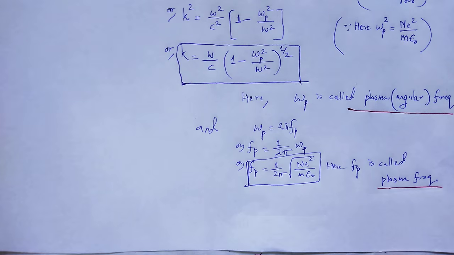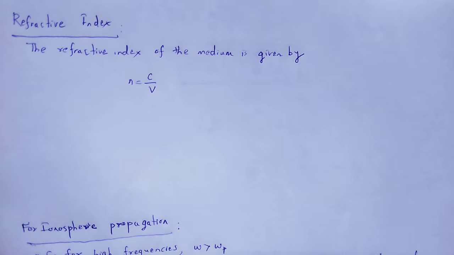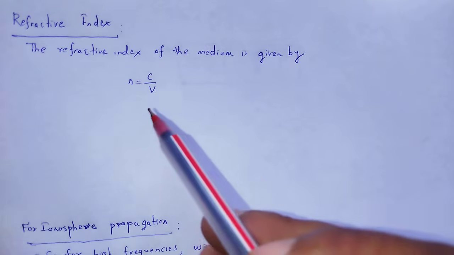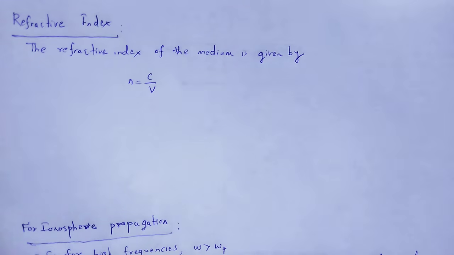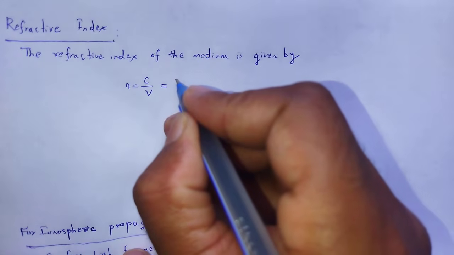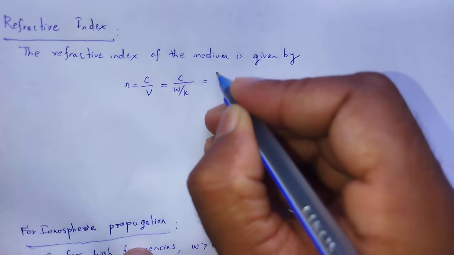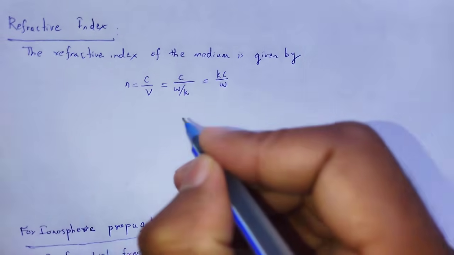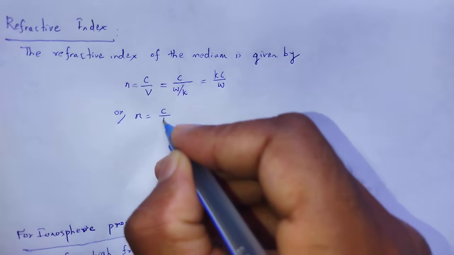Again, we derive the expression for refractive index for such a medium, in the sense of ionized gas or plasma. As you know, the refractive index of a medium is given by n is equal to c divided by v, c the velocity of light to that of the velocity of light in the given medium, which is equal to c divided by omega by k, which is equal to k c by omega, or n is equal to c by omega into k.